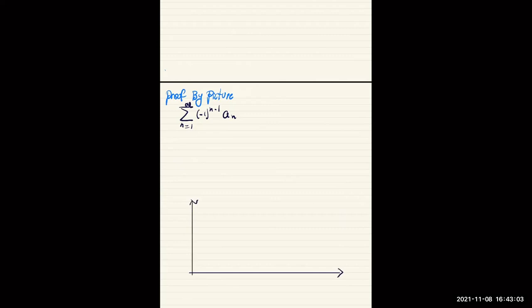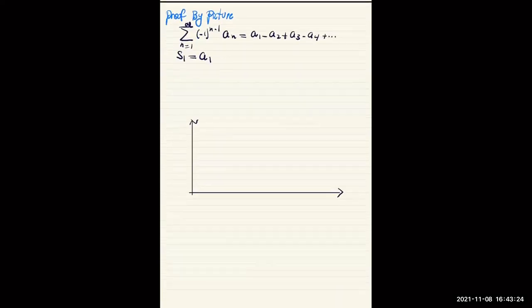Okay, partial sums. So here, if I expand this, the expansion is A1 minus A2 plus A3 minus A4, and so on. So S1, the first partial sum, is just the same thing as A1. When n is equal to 1, you go up by A1.